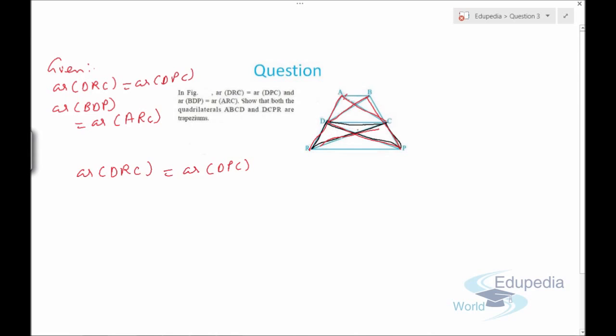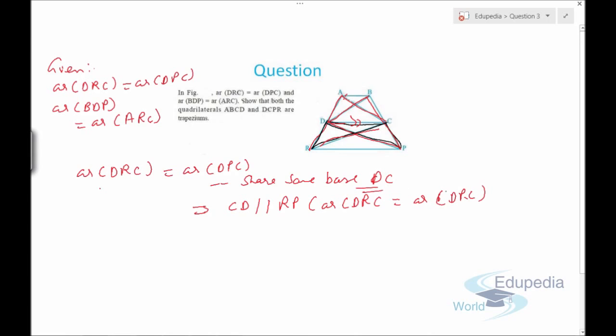Now DRC and DPC, if you can see properly, they share the same base DC, and now if the areas are equal and they share the same base, this implies CD should be parallel to RP. So why? Because both the area of DRC is equal to area of DPC and they have the same base DC. So we can say by converse of theorem, again converse of theorem, so these two lines are parallel.